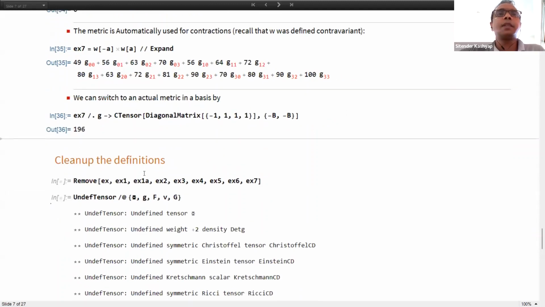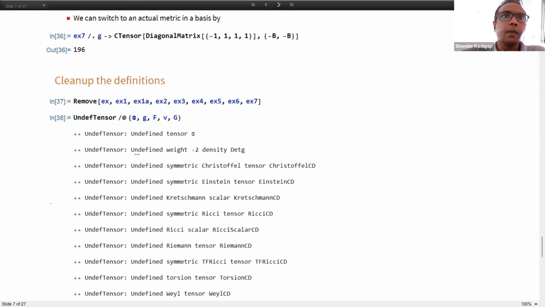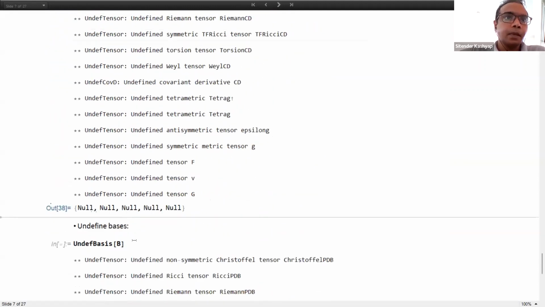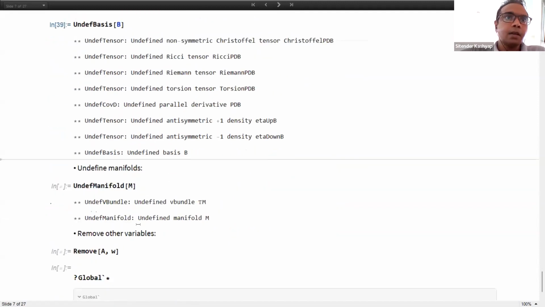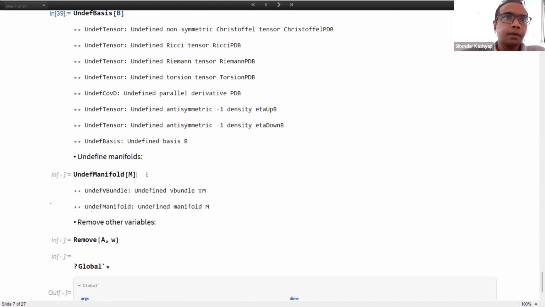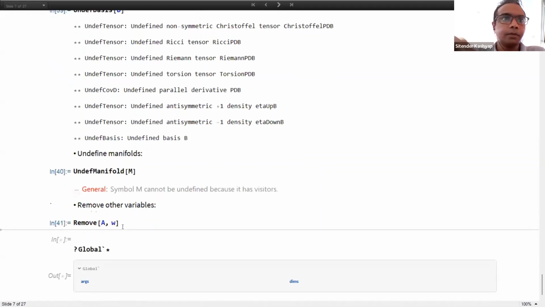Okay, having done this session, let's remove all the definitions, and let's undefine all the tensors that we have defined. Let's undefine all the bases we defined. Let's undefine the manifolds, and let's remove the vectors that we did.